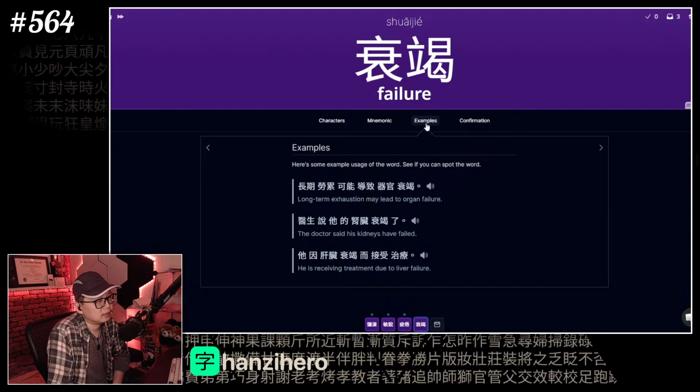长期. 长青. Why do I think that's qi? 长期. But then I think of qing. 50-50. Why do I think that's wrong?